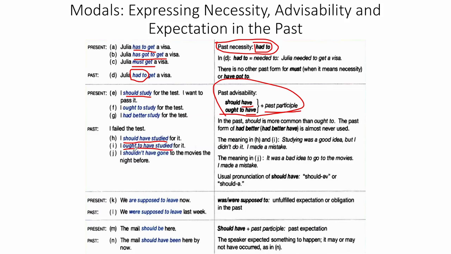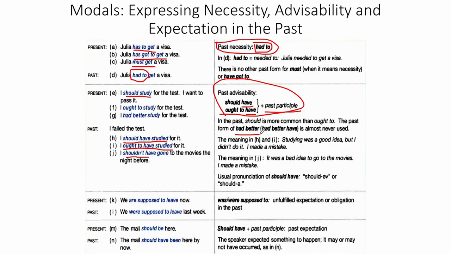It's the same thing. So we have the modal ought to, followed by have, followed by the past participle of the main verb. Negative form, you simply put the negation after the modal: shouldn't have, and you apply the same rule again. Now there is one thing we have to say before continuing to talk about expectation in the past, regarding had better.